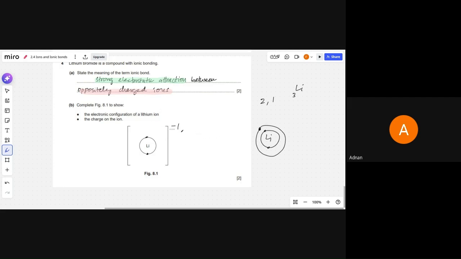Oh, it is positive, not negative. Okay, I'm glad I was able to catch it here. So plus 1, since it has lost an electron, so it will have a positive charge.